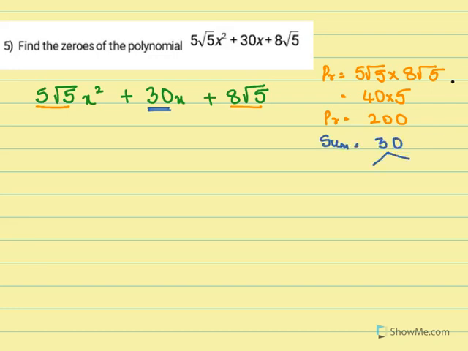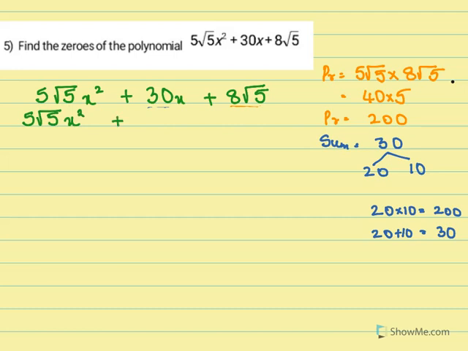So I can write 30 as 20 and 10. 20 into 10 is 100, 200, right? So 20 into 10, 200, and 20 plus 10, 30. So these are our factors. So we'll write 5 under root 5 x square.